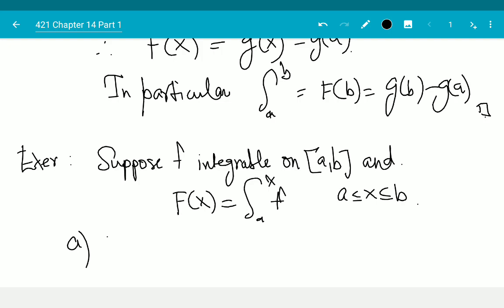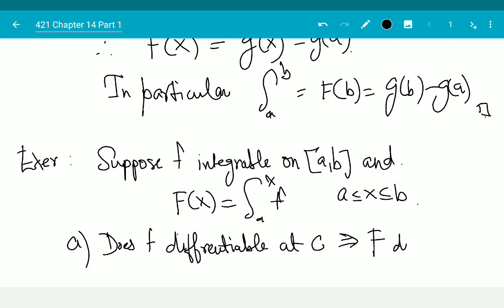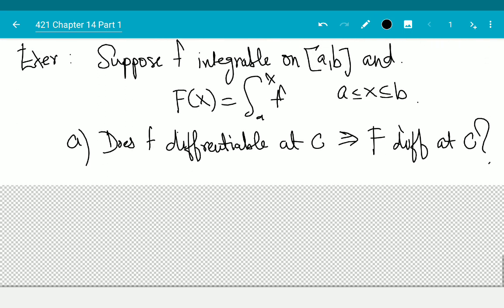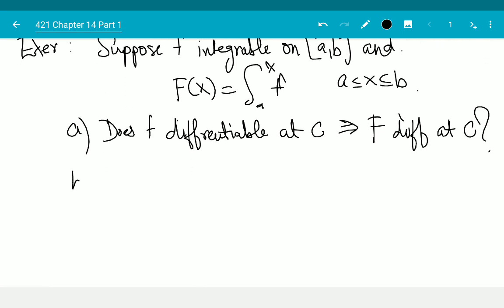First, does f differentiable at c imply capital F differentiable at c? Okay.